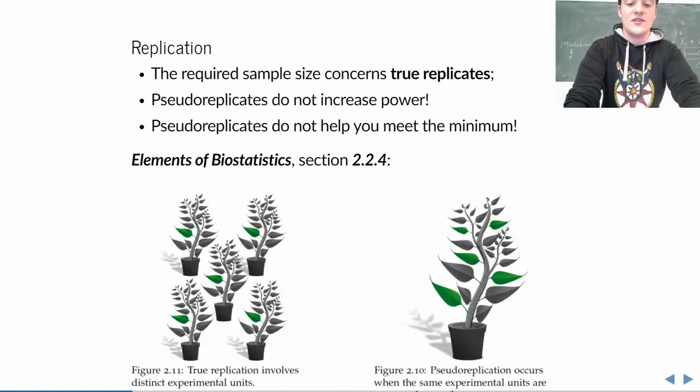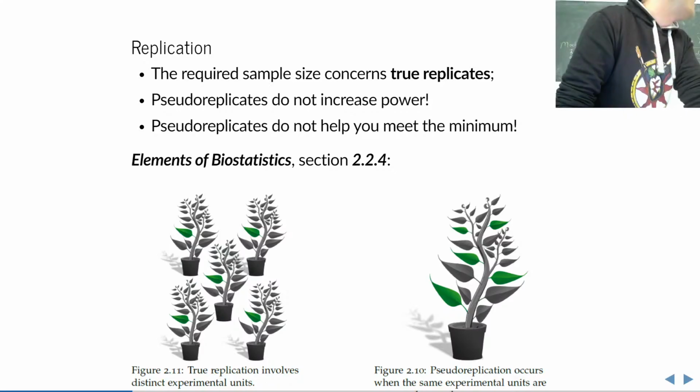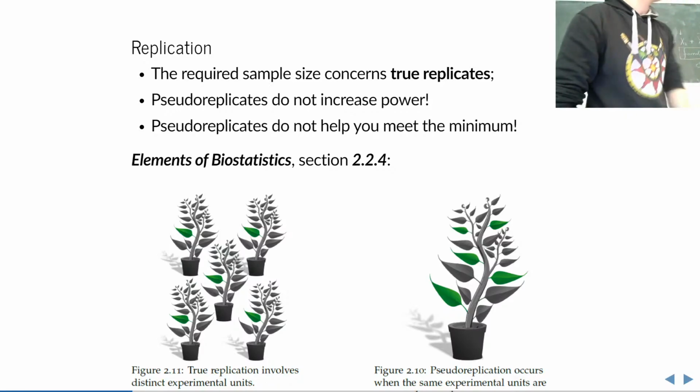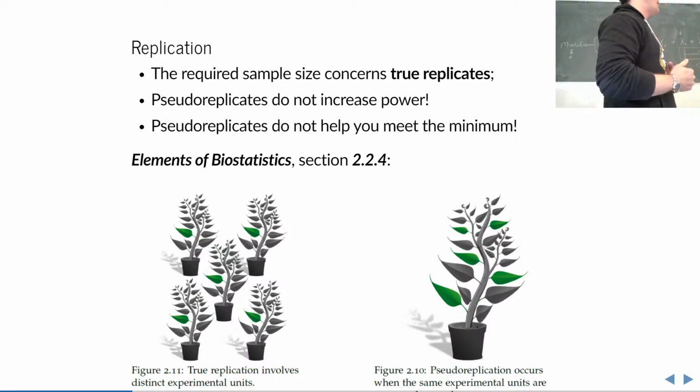Okay, replication, very important subject. The subscripts fall off the screen, but you can find them in the book. The required sample size always concerns true replicates. So while we can deal with pseudo-replicates in a mixed model, we cannot increase the power of the study or the degrees of freedom that we have that way. So it does not help you meet the minimum.